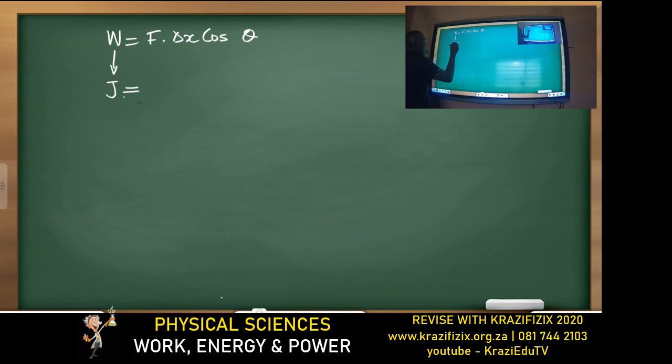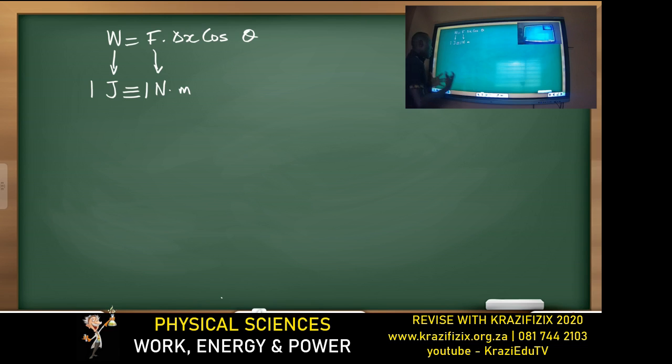Joules is equivalent to the unit of force, newton, times the unit of displacement, meters. So 1 joule is equal to 1 newton meter. You could find this in your multiple choice: which of the following is equivalent to 1 joule of energy? So that is that.